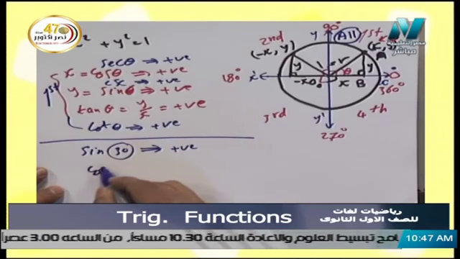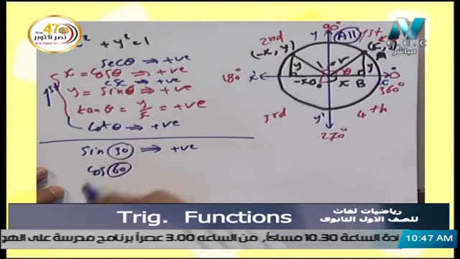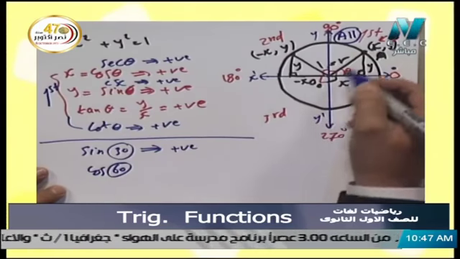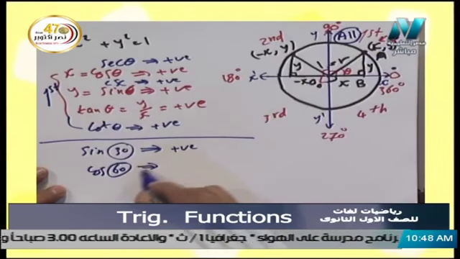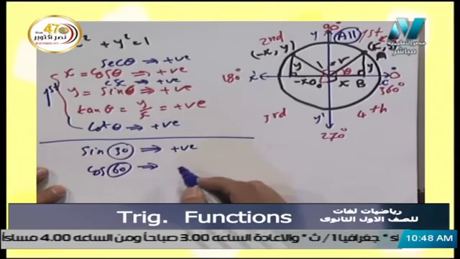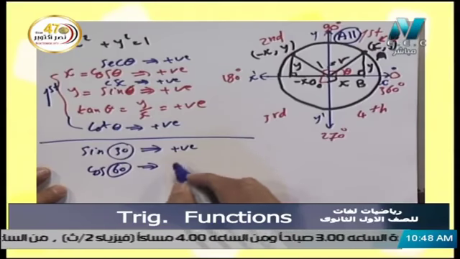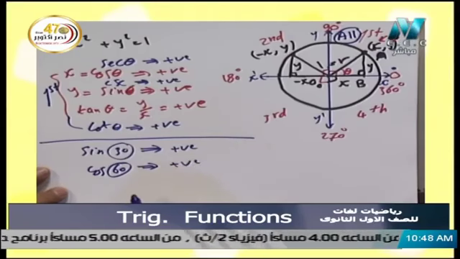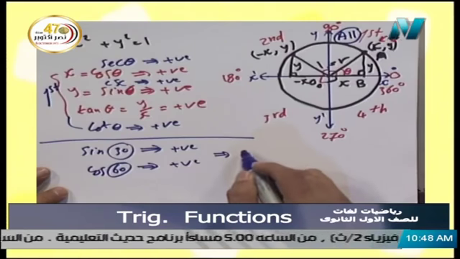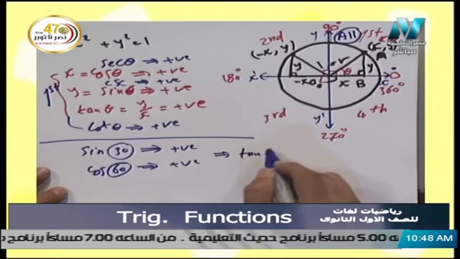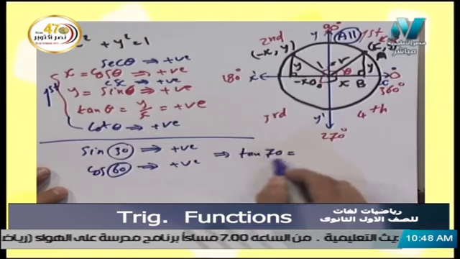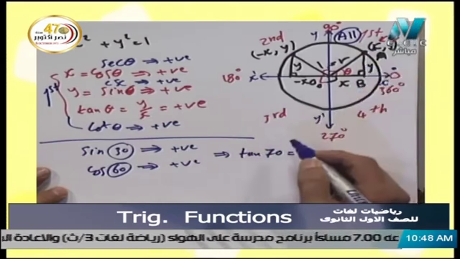What about cosine 60 as example? We know that 60 lies in the first quadrant, and we know that cosine 60 in the first quadrant is positive. And if he asks us about tan 70 as example, we know 70 is in the first quadrant, so it's positive.